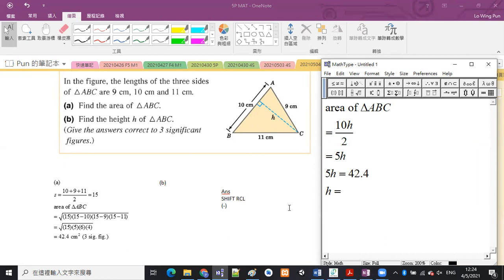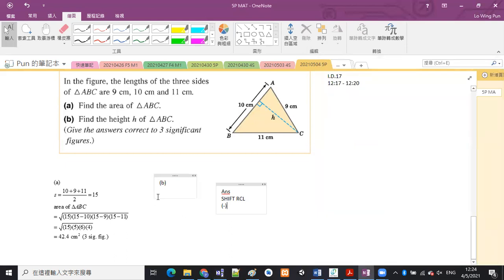And you'll get 8.48528 something, right? So h should be 8.485281374. And then when it is corrected to 3SF, it will be 8.49 cm. Is that okay?